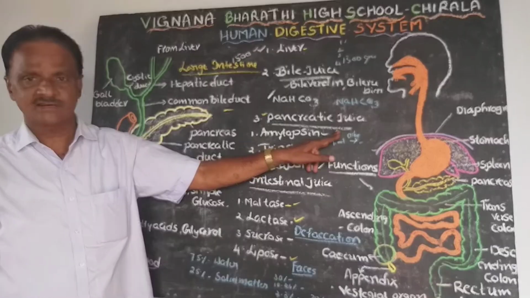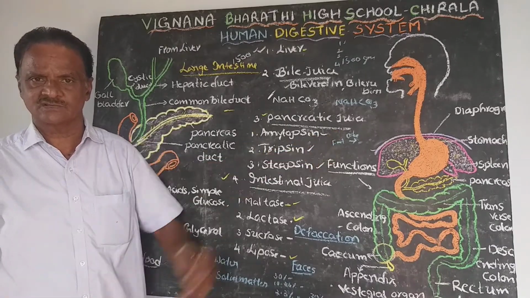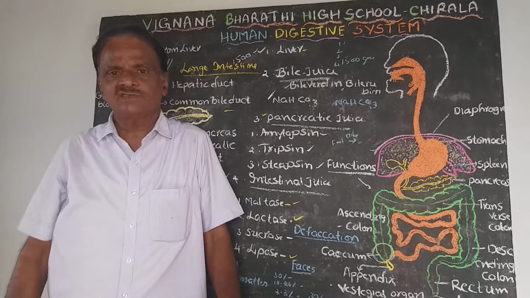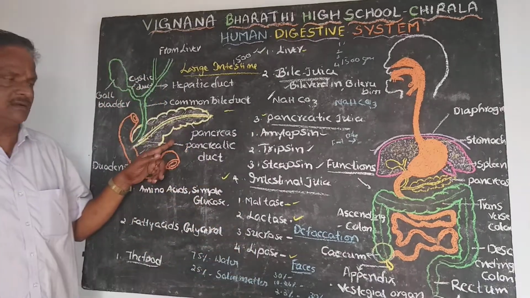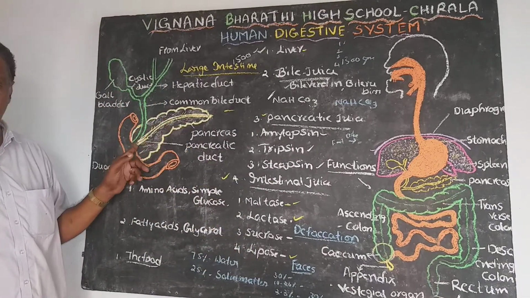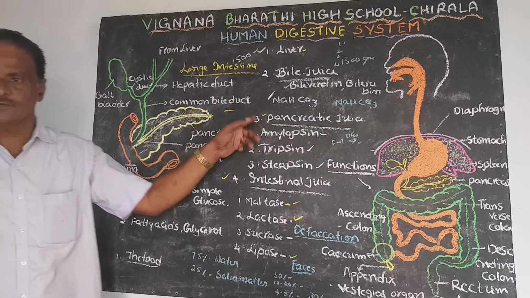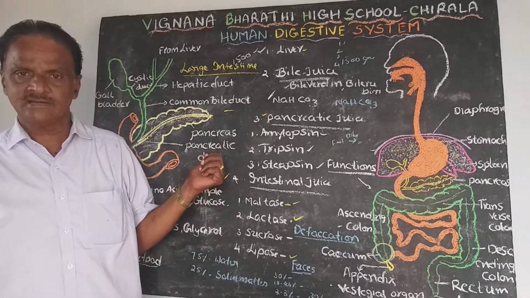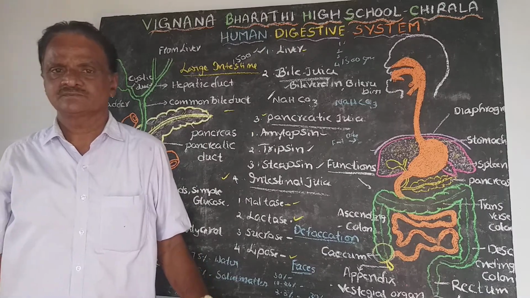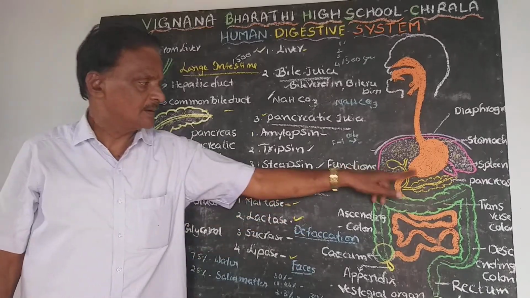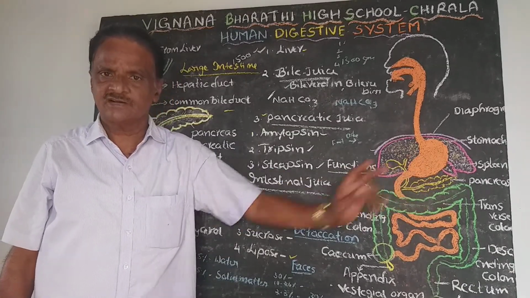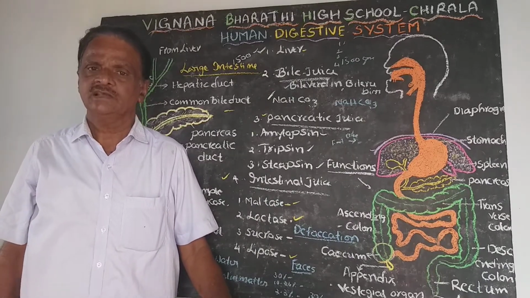Next part is pancreatic juice. It is produced by the gland called the pancreas, situated behind the stomach.